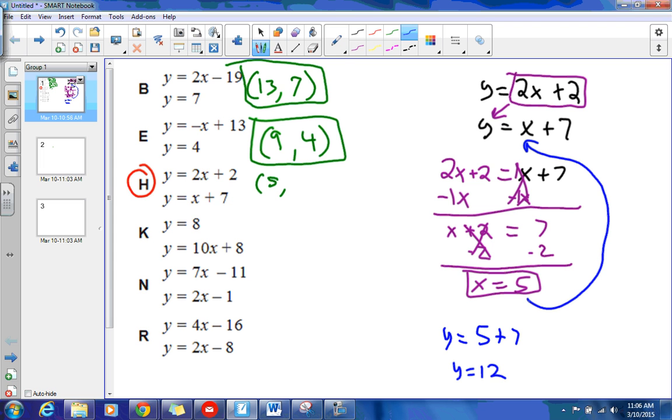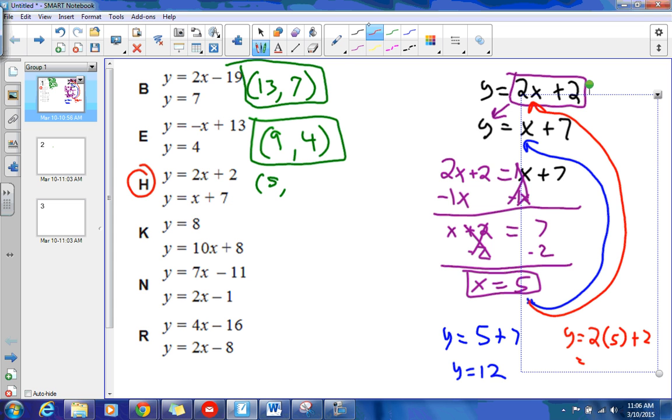Okay, you could also plug it in. I'll show it right here, how you can plug it in for the other one. So you can say, instead of y equals 2x plus 2, we'll have y equals 2 times, instead of x, we'll have 5, plus 2, which would be 10 plus 2, which would mean y equals 12.